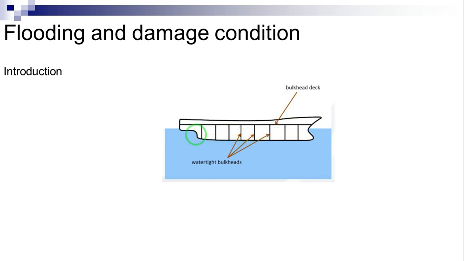Collision, grounding, or single enemy action usually damage adjacent compartments. Flooding of adjacent compartments also can be more dangerous than flooding of two non-adjacent compartments. Adjacent compartments situated at some distance from the midship section can cause large trim and submerged openings above the deck, leading thus to further flooding.